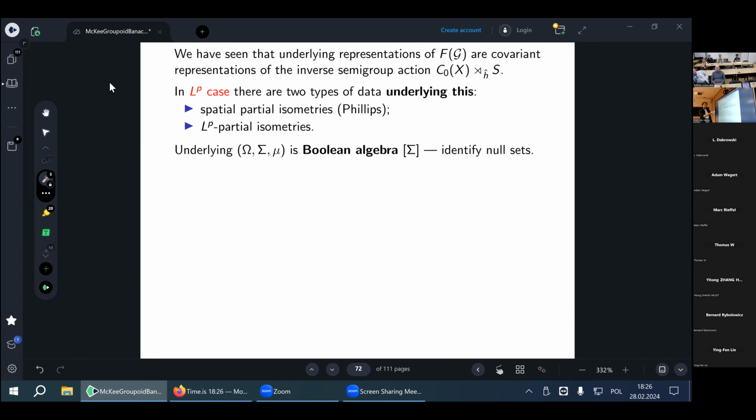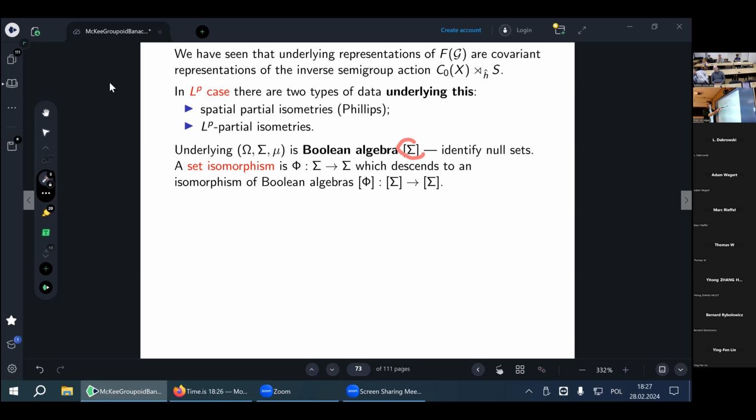So underlying this thing is a Boolean algebra. This is a space, measurable sets, and a measure. We get a Boolean algebra by identifying null sets. By the way, the condition about measures that you asked about before is a condition, at least partly, about this thing. It should be Dedekind complete or something. I checked.